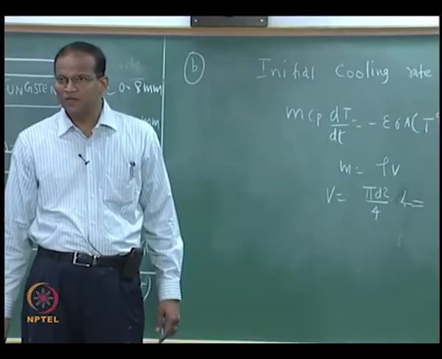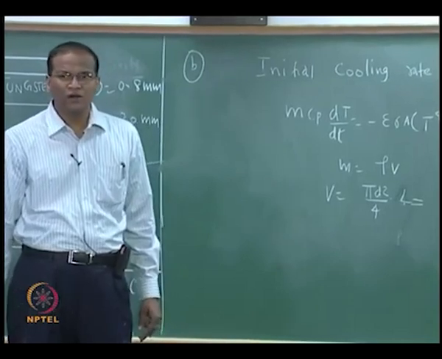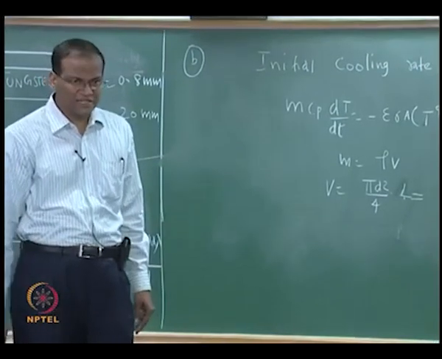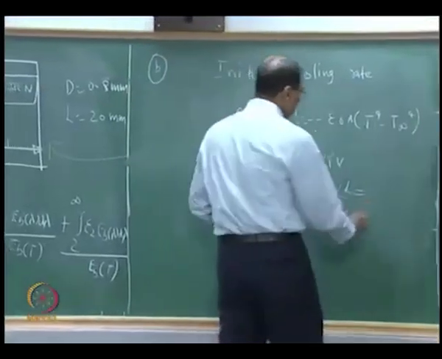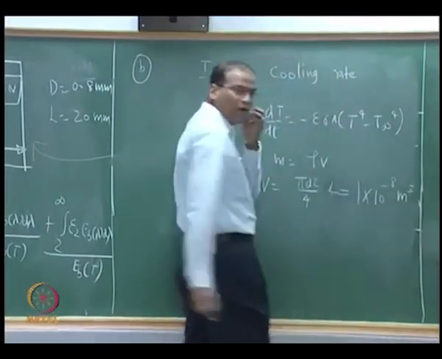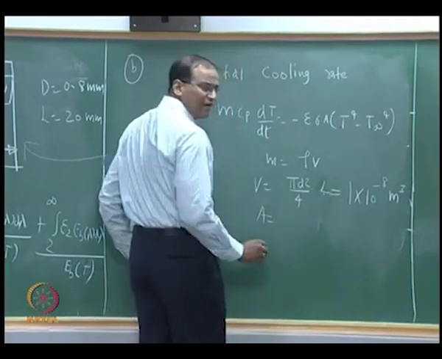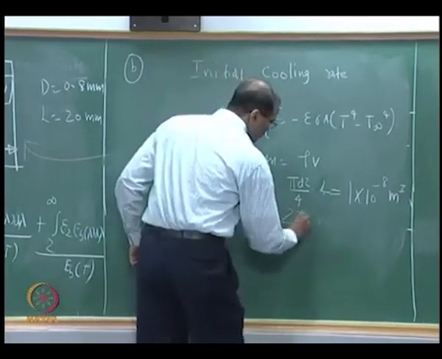Is it correct? 1 into 10 power minus 8. Minus 3. Volume? Exactly 1. Okay. So A. What is A? 2 pi RH.